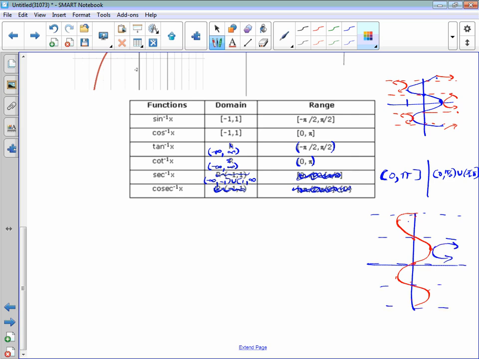I just want to make sure you understand. So same as sine, we want the restricted range, negative pi over 2 to pi over 2. Does that make sense to you guys? Okay, so my domain for this, negative infinity to negative 1, and then 1 to infinity.